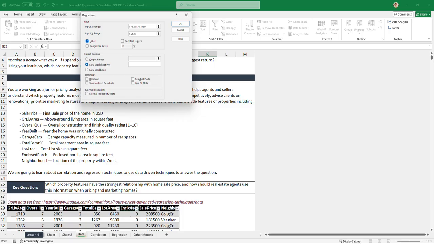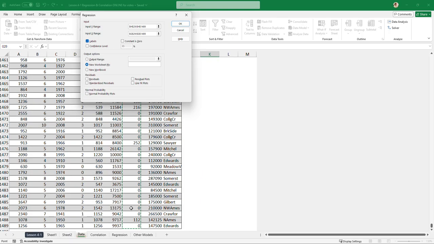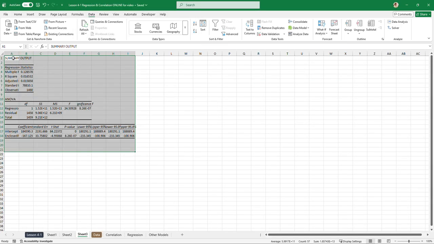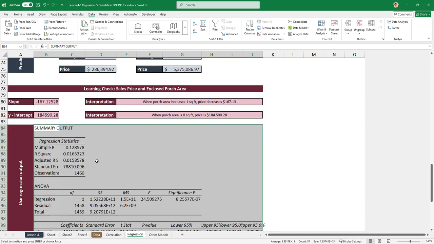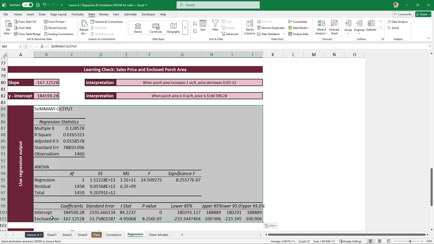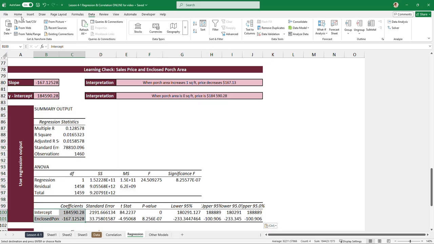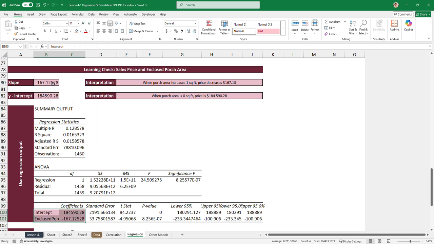So I just erased it, and I'm selecting my new enclosed porch area. Then I'm going to let it go to a new worksheet, and I'll copy and paste this into my regression sheet.